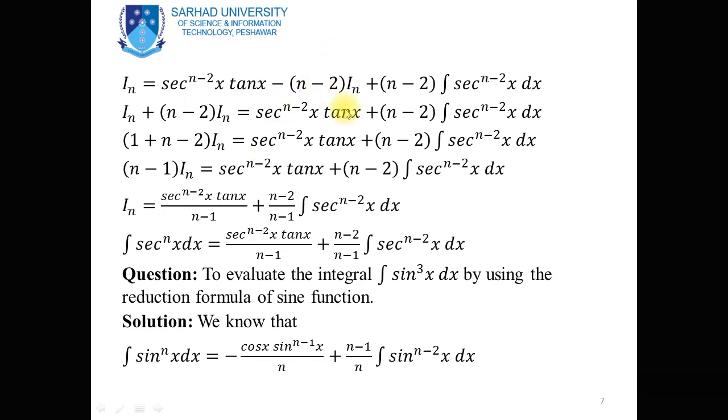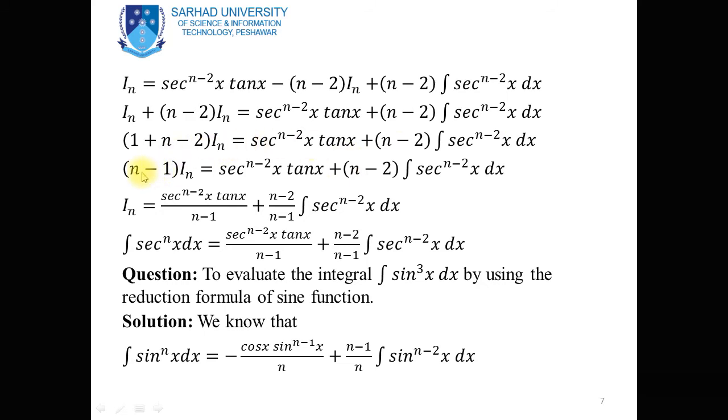Now shifting this term to the left hand side, we obtain In plus (n-2) into In is equal to secant^(n-2) x tangent x plus (n-2) into the integration of secant^(n-2) x with respect to x. Now taking In common, we have 1 plus (n-2) into In is equal to secant^(n-2) x tangent x plus (n-2) into the integration of secant^(n-2) x with respect to x.